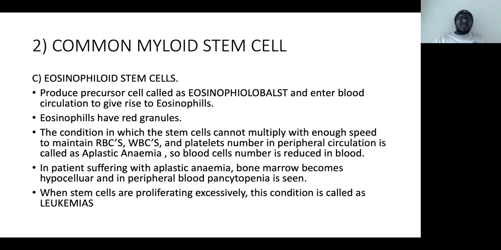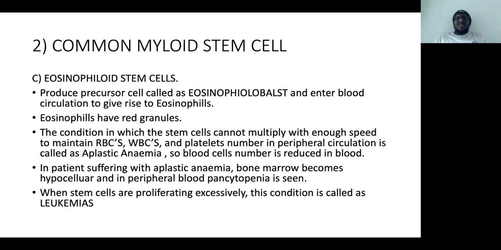Next are eosinophilic stem cells. They produce a precursor cell called eosinophilblast, which enters blood circulation to give rise to eosinophils. Eosinophils have red granules. The condition in which stem cells cannot multiply with enough speed to maintain red blood cells, white blood cells, and platelets in peripheral circulation is called aplastic anemia.